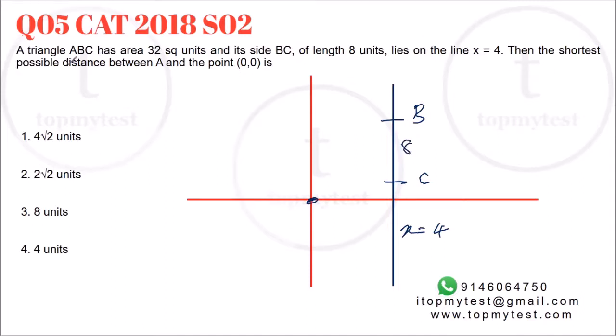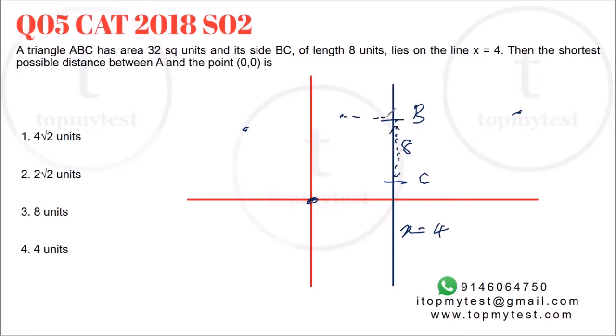Now what is the shortest possible distance between A and the point 0, 0? Right, now A can be here or here, whichever place it is. But to find A, what is the area of a triangle? Half base into height. I know the base. That is 8.